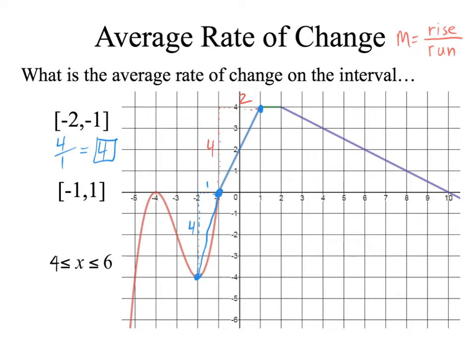So is that 2 over 4 or 4 over 2? It's rise over run, so isn't it 4 over 2? And can you reduce that? Which is 2, which is a slope. Which the average rate of change means, as I go over 1, didn't we go up 2? Don't we keep doing that? So slope, average rate of change, interchangeable there. But you had to call it average rate of change here.